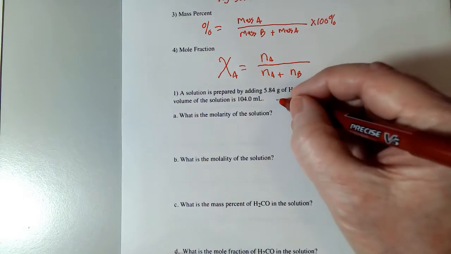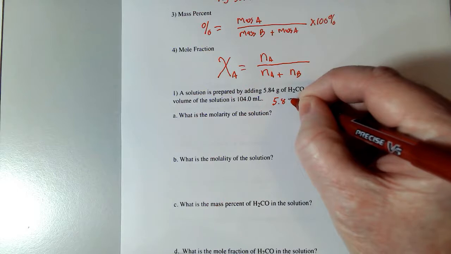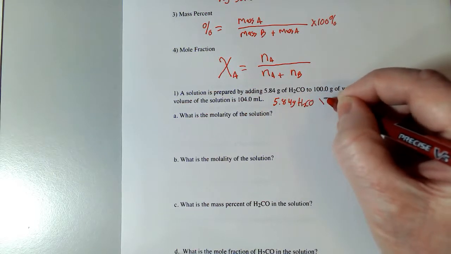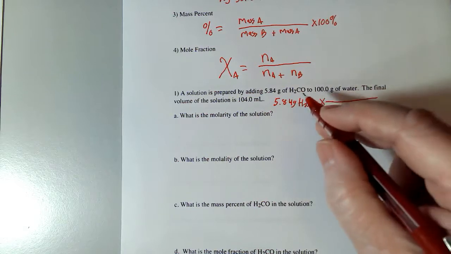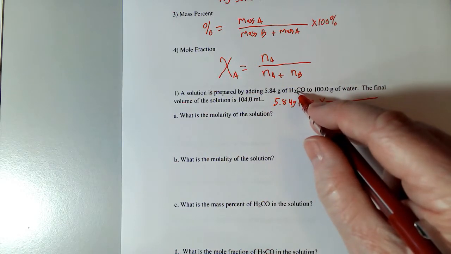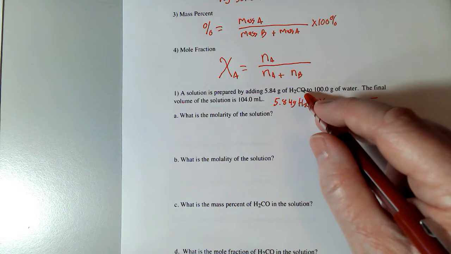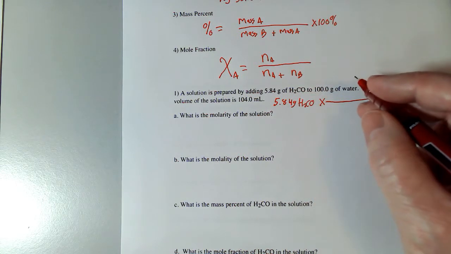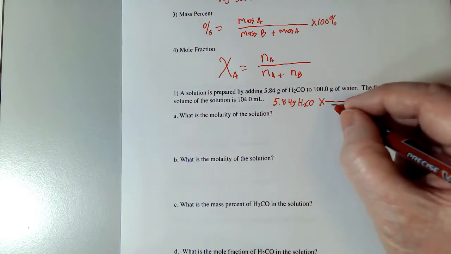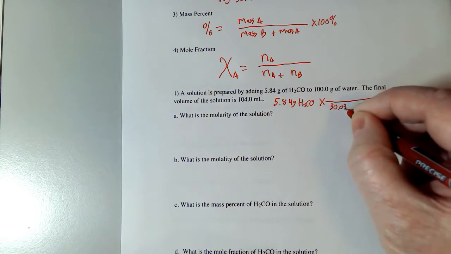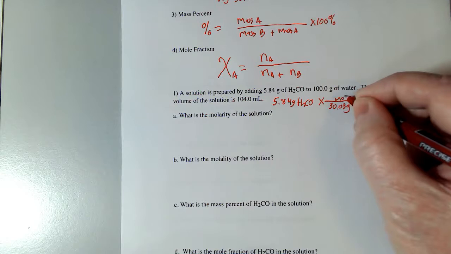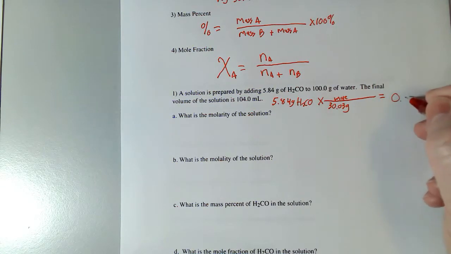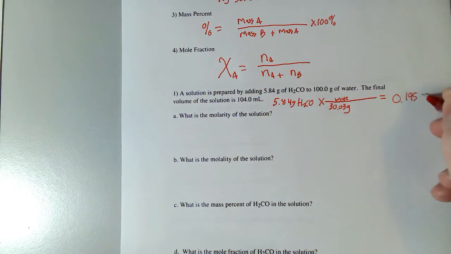So, I need moles. 5.84 grams H2CO times, 2 plus we got 14, 14 plus 16 is 30.03 grams per mole. And when I ran that through my calculator, I got 0.195 moles.